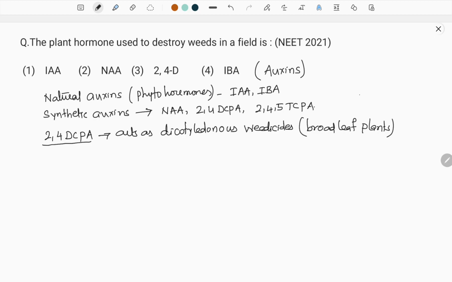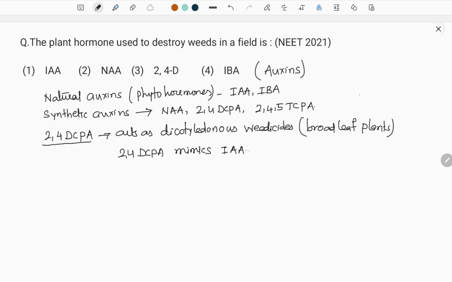Now the question arises, how does it kill the dicots? What is the mechanism of the killing? So let us see, 2,4-D mimics IAA, that is indole acetic acid.